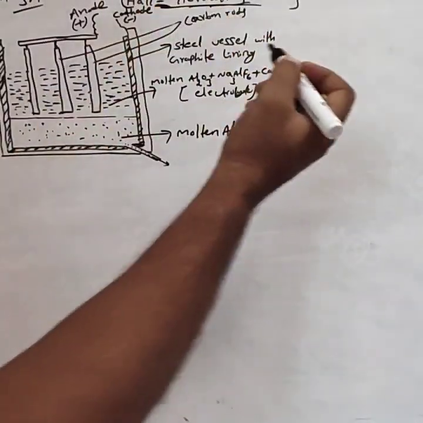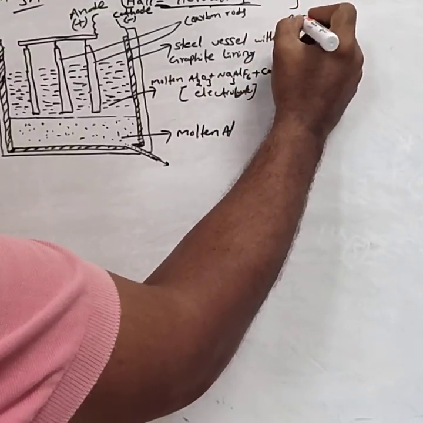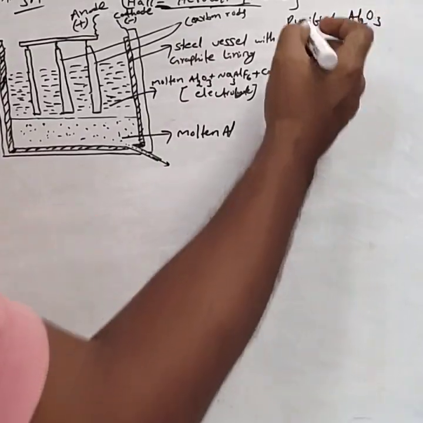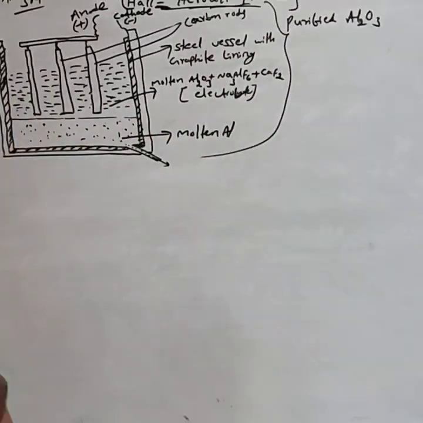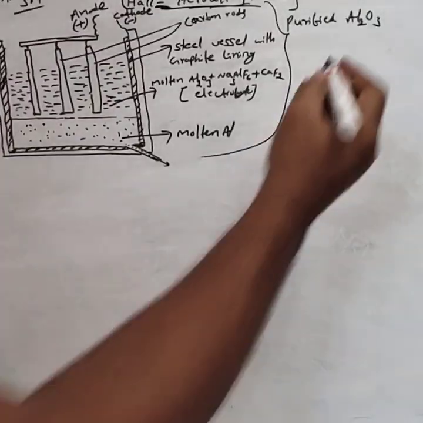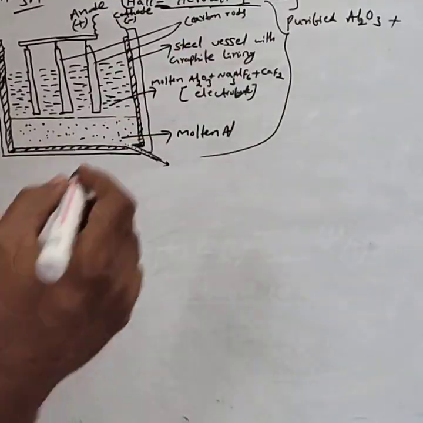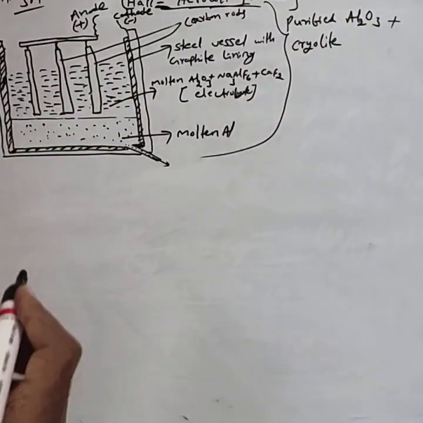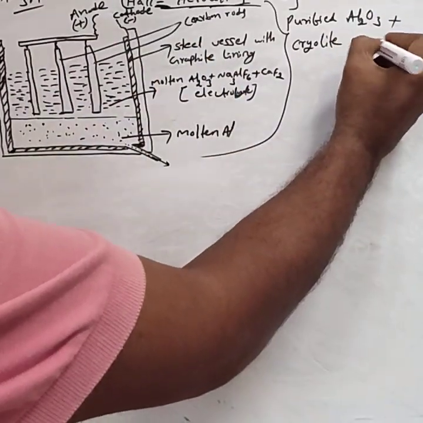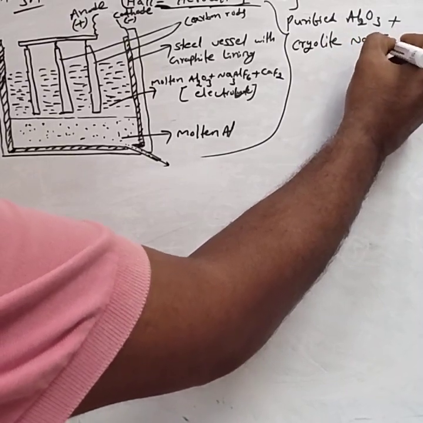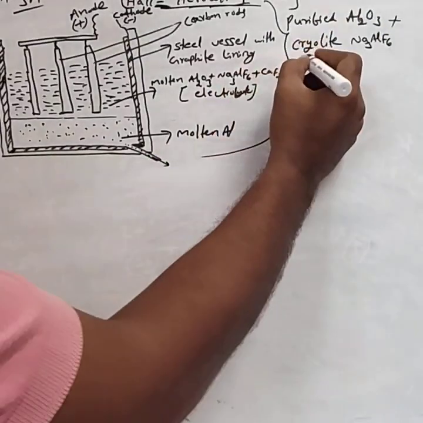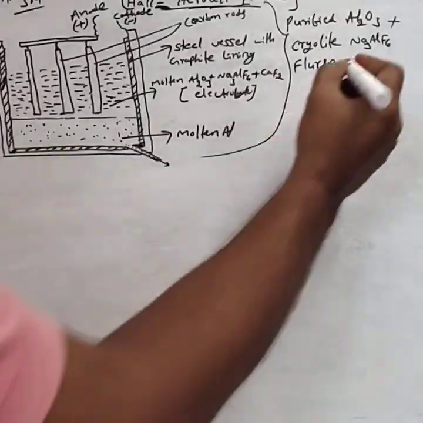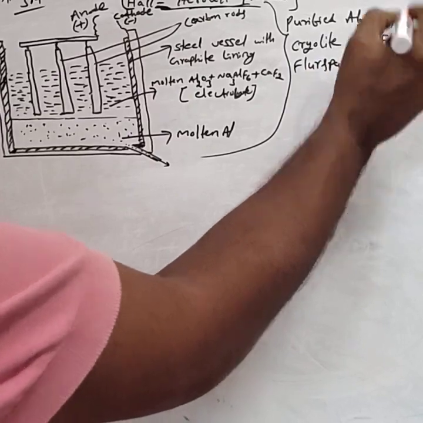Next, in this process, the purified alumina, Al2O3, is mixed with cryolite, whose formula is Na3AlF6, and fluorspar, whose formula is CaF2.